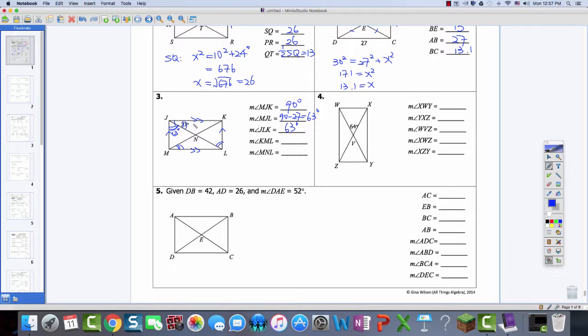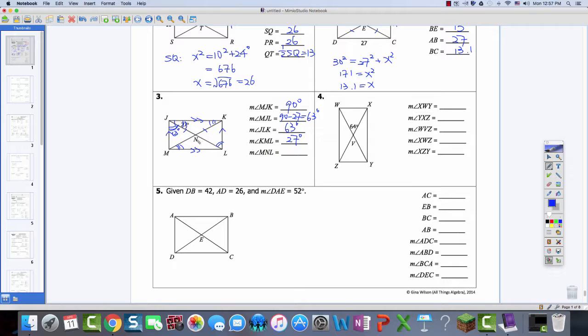KML should be congruent to JKM because they're alternate interior angles, right? Remember earlier we said that we've got an isosceles triangle here because the diagonals are not only congruent, they also bisect each other. So JN is congruent to NK. And if these two sides are congruent, these two angles are congruent. So that angle has to be 27 degrees.